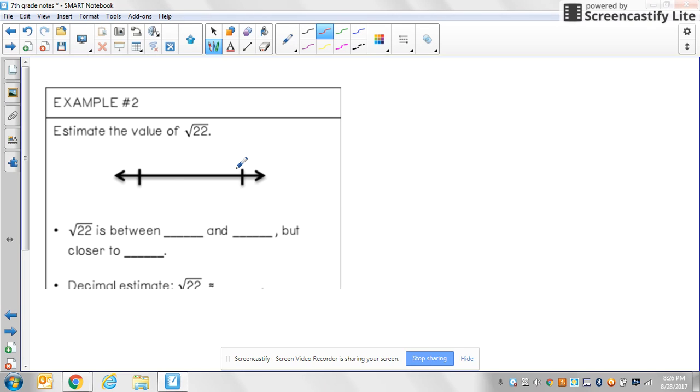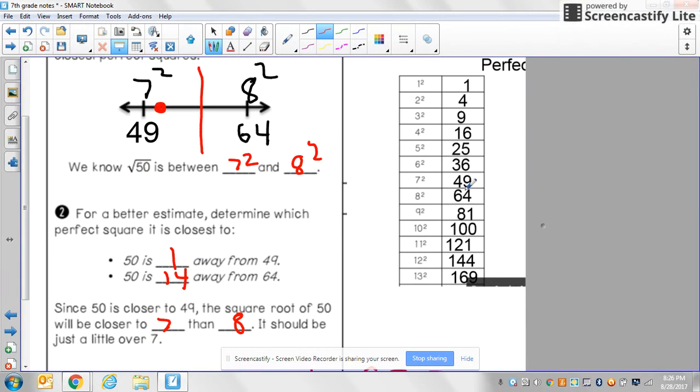Now, for example number 2, we're going to ask you to estimate the square root of 22. If we go back to the other page, once again, and we look at our perfect square list here, we're going to look for 2 numbers that the square root of 22 can be between. So we're looking right about here. The square root of 22 is going to be somewhere between 16 and 25.